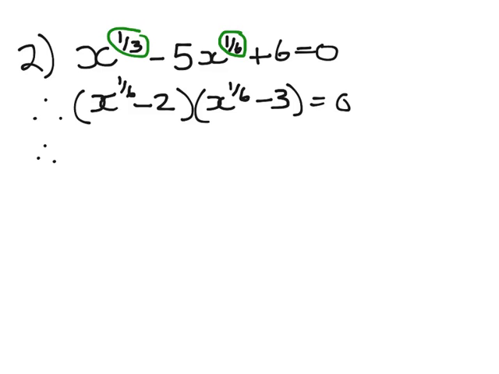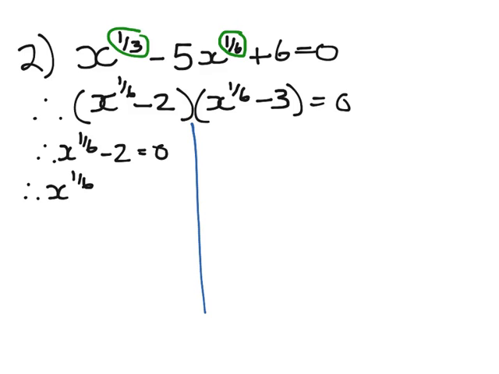We again go and solve each side. So therefore we'll have x to the 1 over 6 minus 2 is equal to 0. Therefore x to the 1 over 6 is equal to 2. Therefore x is equal to 2 to the power of 6, which is equal to 64.